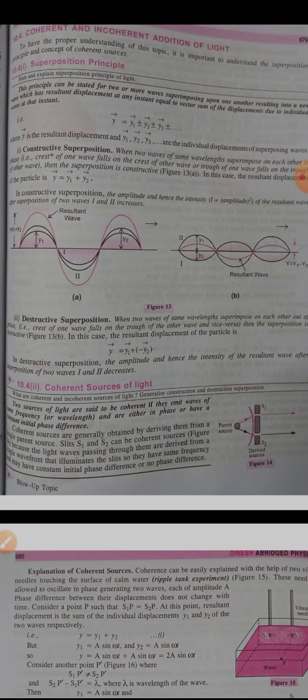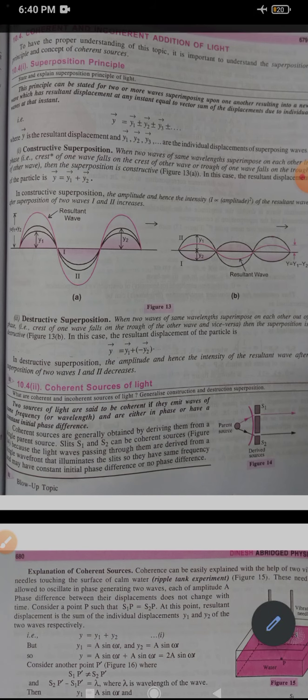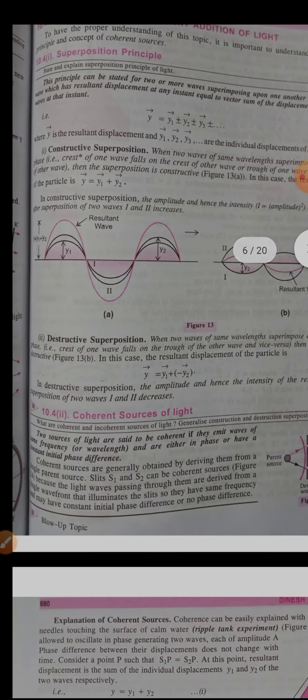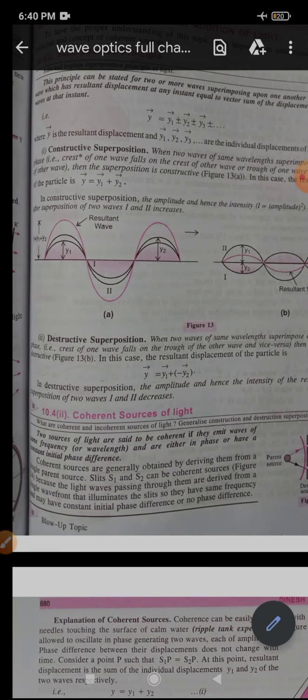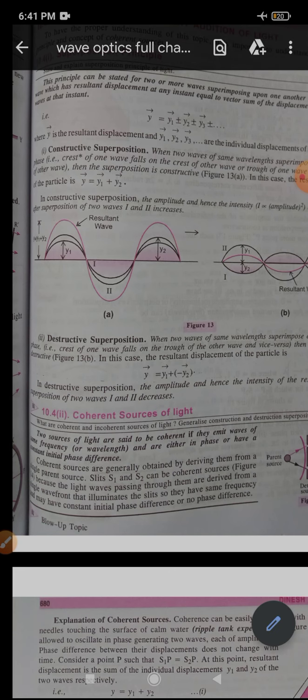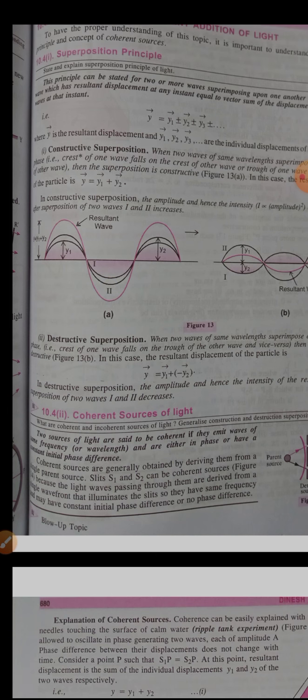This happens only when the two waves have the same wavelength. See here in diagram A, the crest of one wave falls over a crest of another and the trough of one wave falls over a trough of another wave. By these we can say that constructive interference, constructive superposition, takes place.